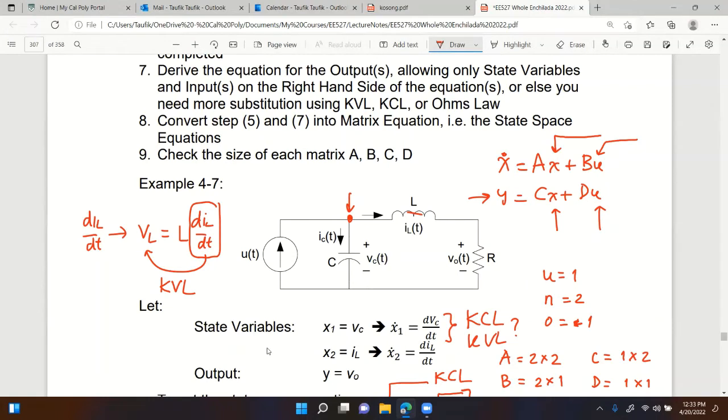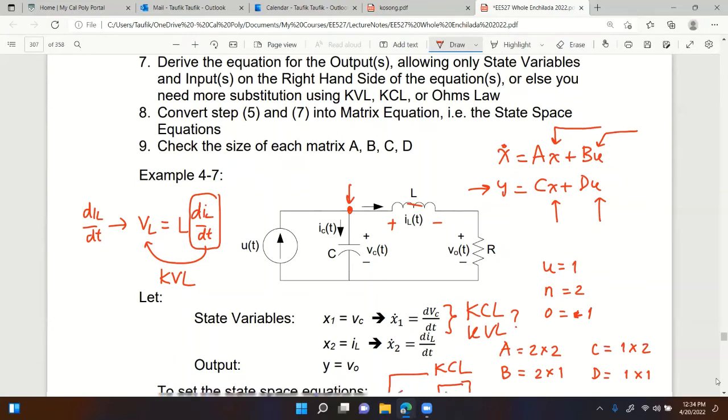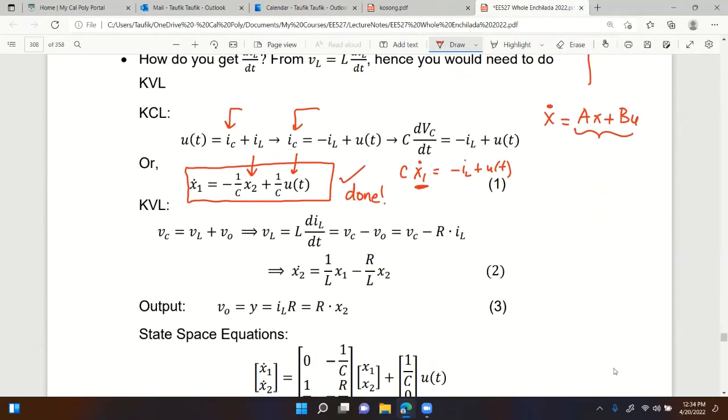If you trace the polarity there, you get V_C is a voltage rise, and then V_L is a drop, and then the voltage across the resistor is another drop. So when you write the equation, you should get right here: V_C is equal to V_L plus V_out. And V_out is equal to R times I_L.